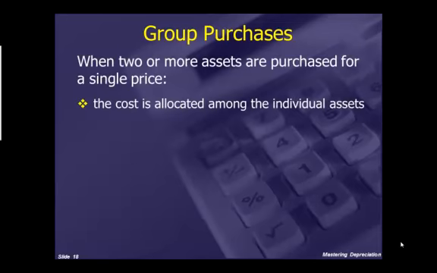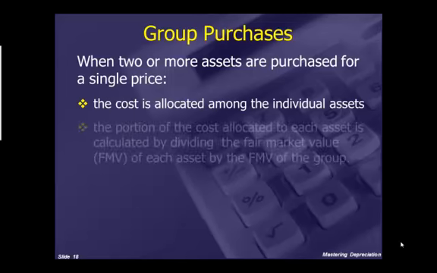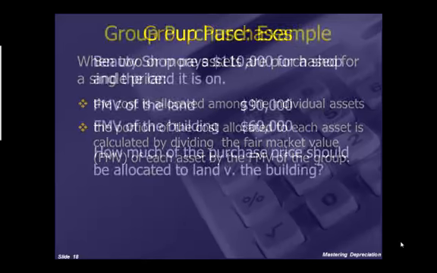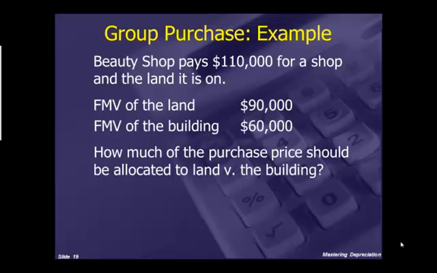When two or more assets are purchased for a single price, the cost is allocated among the individual assets. The portion of the cost that is allocated to each asset is calculated by dividing the fair market value, FMV, of each asset by the fair market value of the group. So here we have an example. Beauty shop pays $110,000 for a shop and the land it is on.